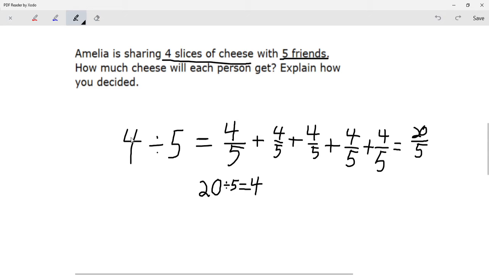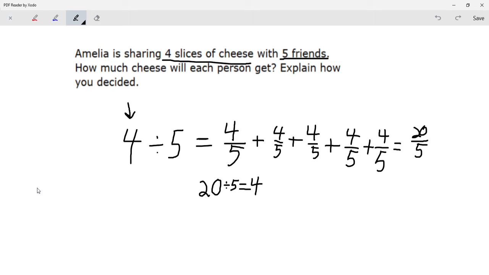Now, the big thing here is how you set this up, because which number comes first, right? And basically, the number that comes first, which is called your dividend, is always going to be what you have, right? That's being split up. So if we have 4 slices of cheese that's being split up, that's what's going to come first.